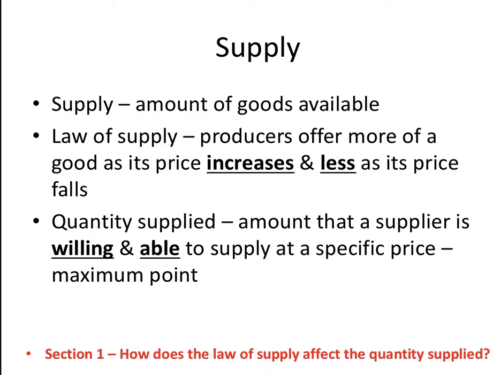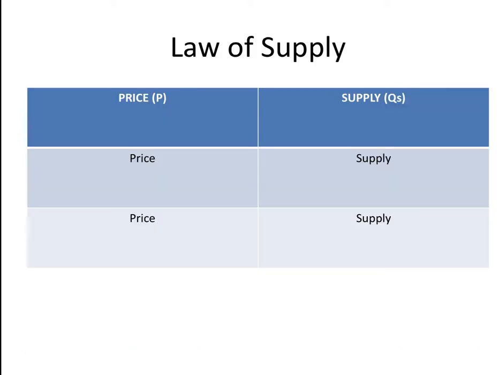So quantity supplied is the amount that a supplier is willing and able to supply at a specific price, called the maximum point. When you go to the store, you see a new product that's out there. The price is so high. What happens when the next generation or the improvement or the update comes up? We find that the product with the new update is now more in supply than the one that just recently got outdated.